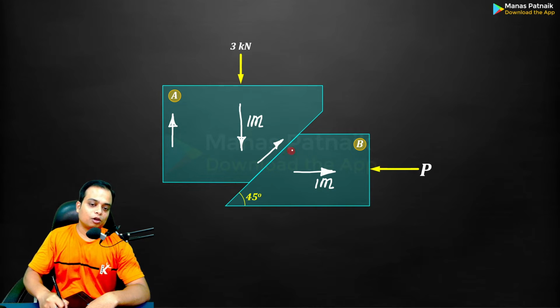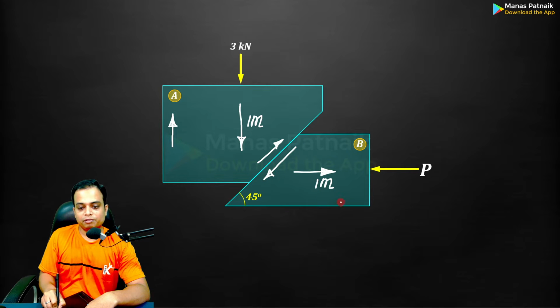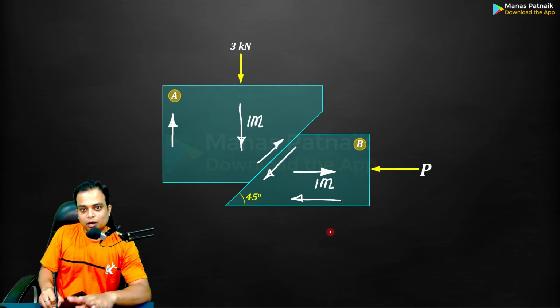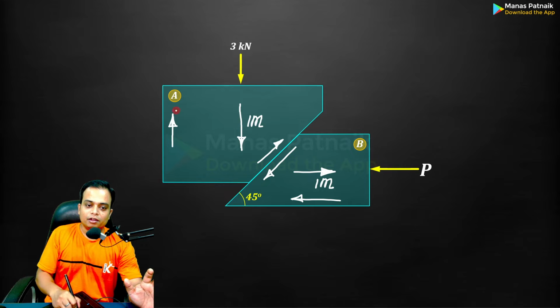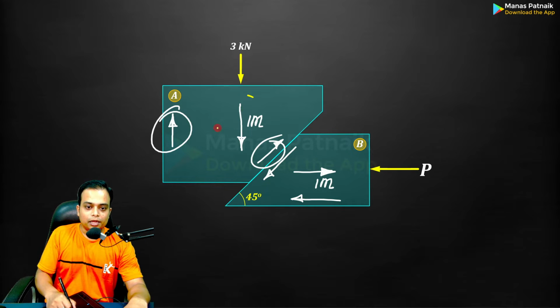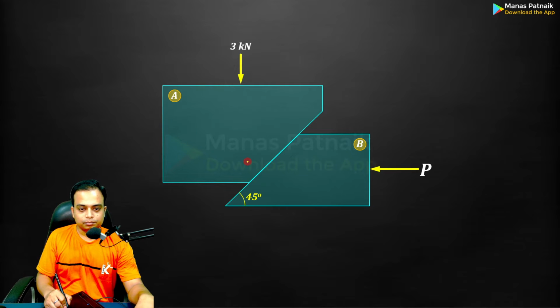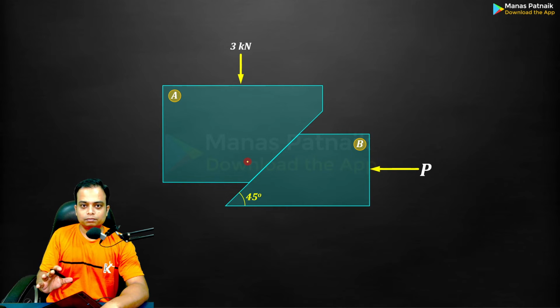The complementary on block B will be down the plane, and here the friction will be towards the left. If it is going to just start sliding towards the right, the ground will prevent it from happening, thereby causing a friction to the left. And here the wall is preventing such impending motion. Always remember, friction is opposite to this impending motion. Remember. So far so good.